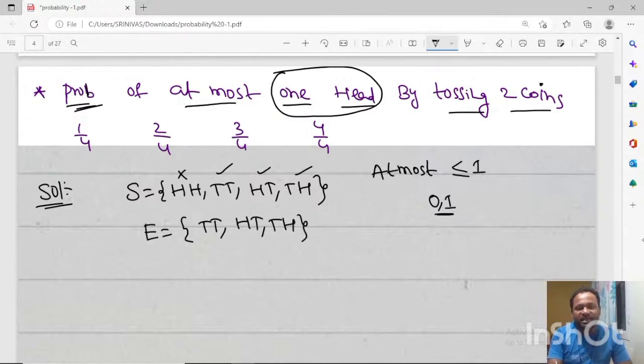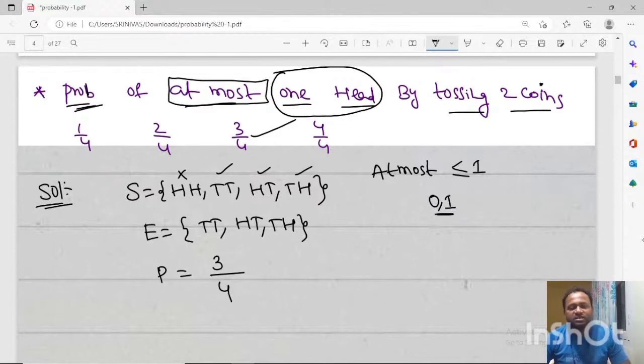Three events, that means three sample points I have. Then the probability is equal to 3 out of 4. The answer is this one. I think you got the difference between at most as well as at least.